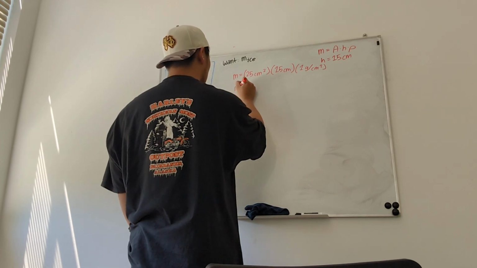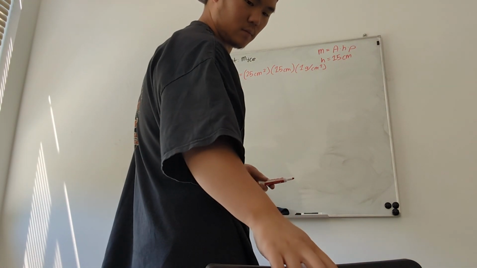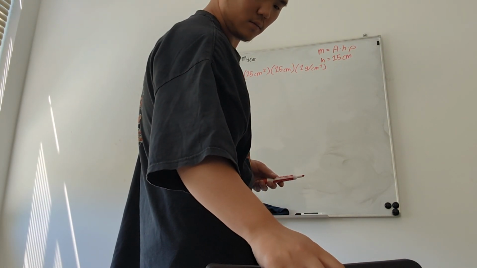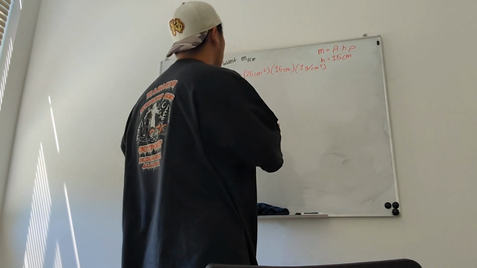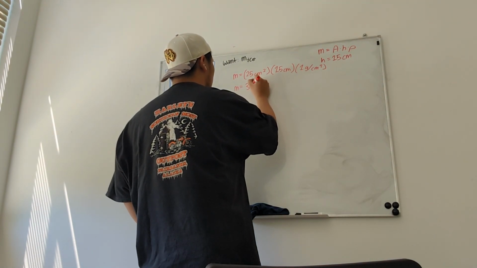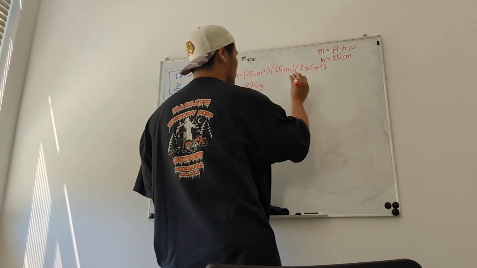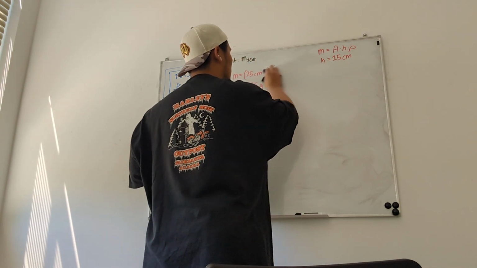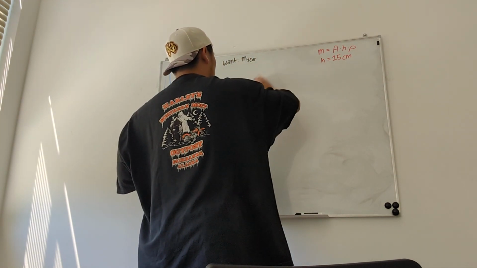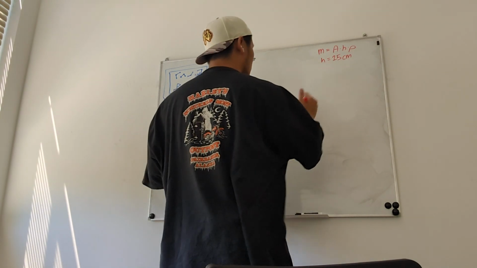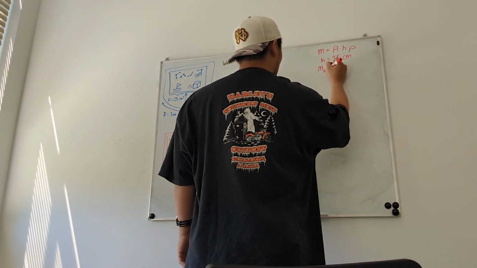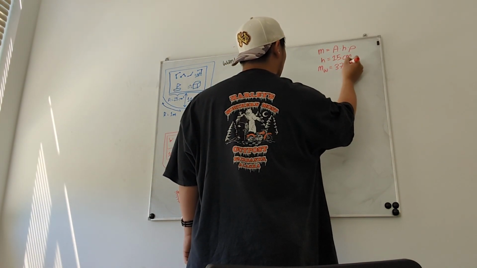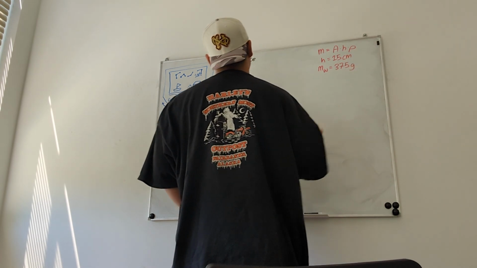What we're left with is 375 grams. Let's save that. Mass of water is 375 grams.